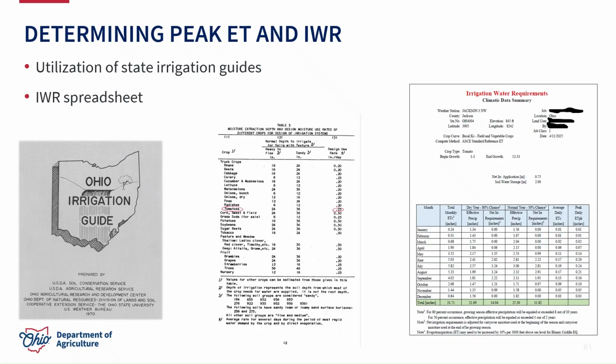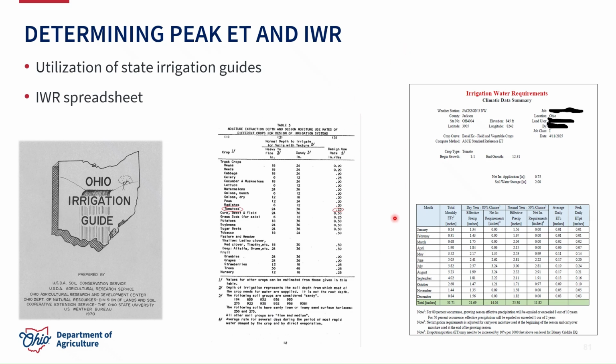So from that last slide, you may ask, how do I determine my peak evapotranspiration and therefore my required irrigation water requirements? How much water do I need? Well, there's a couple ways to do it. You may have floating around your field office or your area office this Ohio Irrigation Guide developed by the NRCS, and in that there are some peak evapotranspiration tables for common crops that we're going to be irrigating.